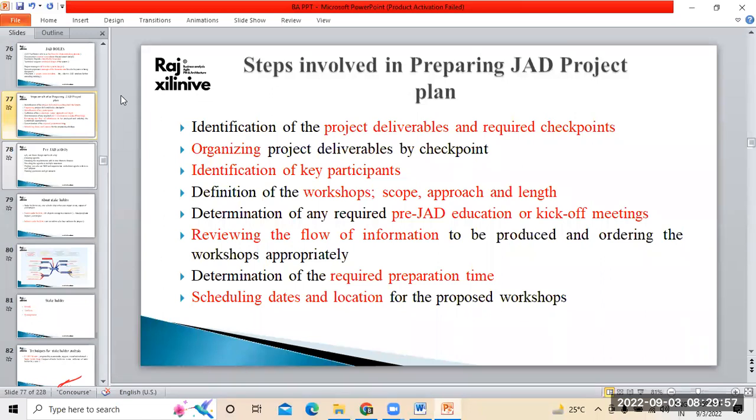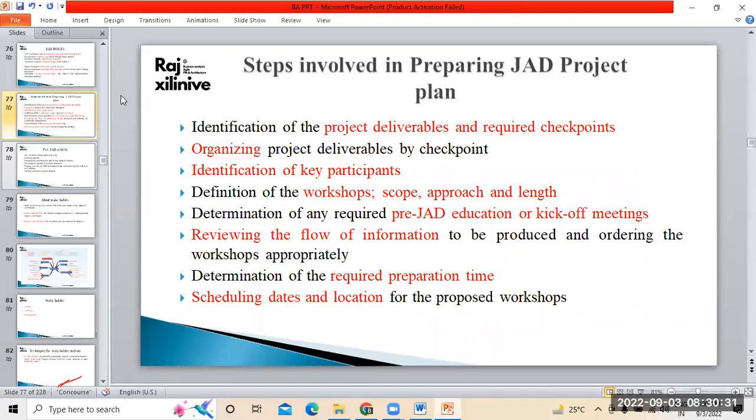So here we need to identify who the key participants are. To whom we need to interact with, to whom we need to invite. I'll tell you the reason behind identification of key participants: we do this so that we will know about the right person for the right decision.